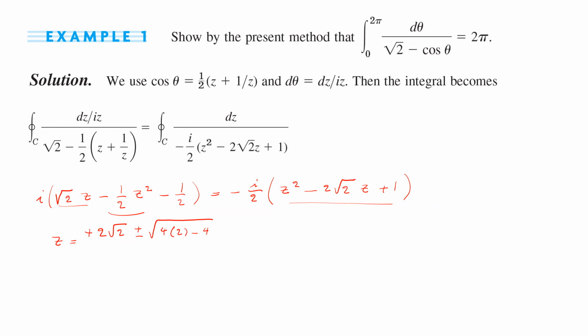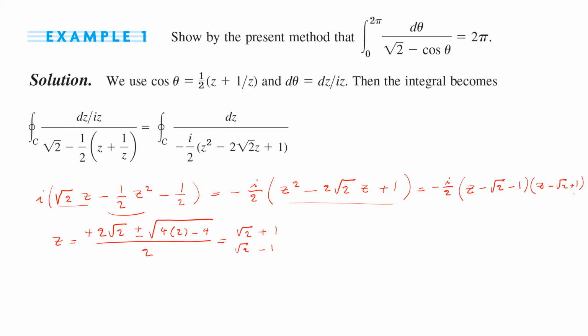So it becomes the square root of 4, which is 2. Divide by 2. So it becomes square root of 2 plus 1 and square root of 2 minus 1, right? So this can be written as negative i over 2 times z minus square root of 2 minus 1 times z minus square root of 2 plus 1.